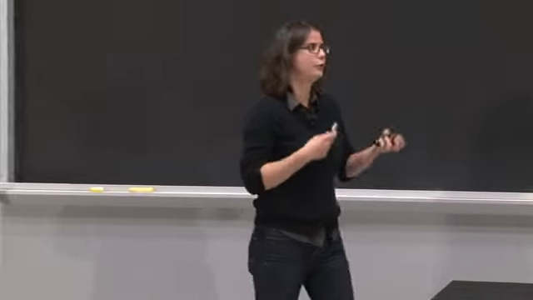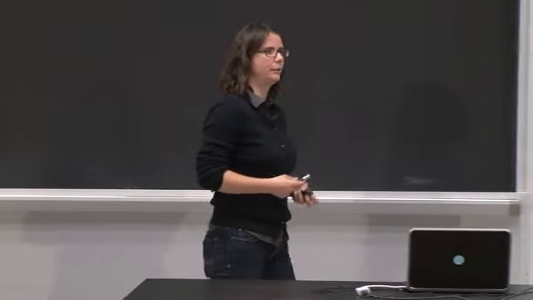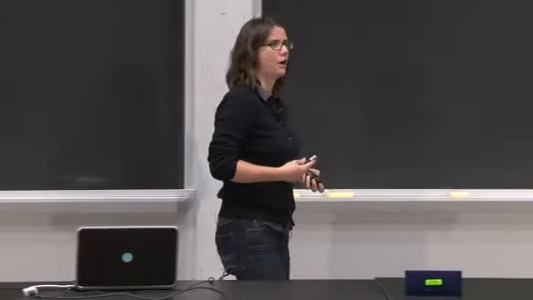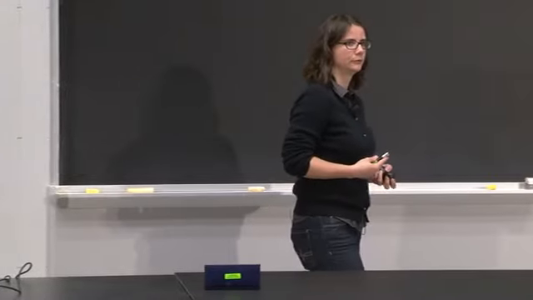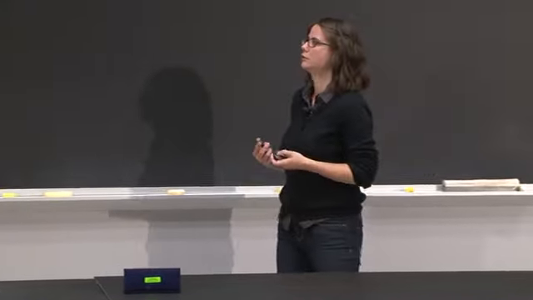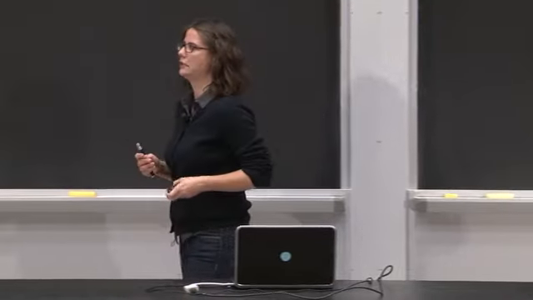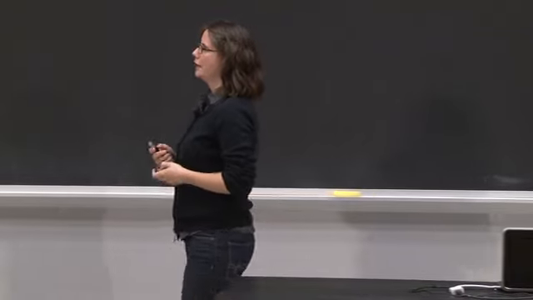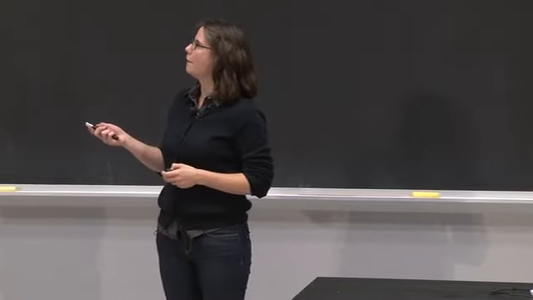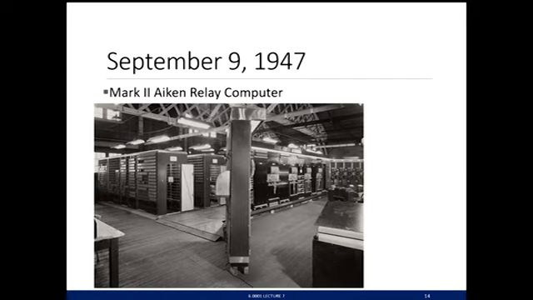OK, so you've created a test suite. You've tested your program. Chances are you found a bug. What do you do now? All right, quick sort of detour into a little bit of history. The history of debugging. So 1947, this computer was built.